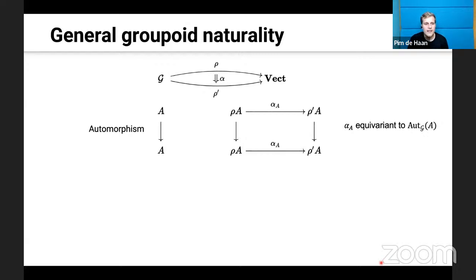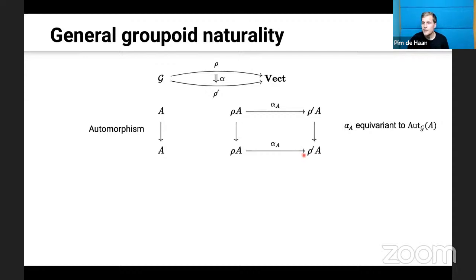So what we would see is that for all the automorphisms from A to A, which are objects in G, we get a diagram of this shape. For the component A, we map from rho of A to rho prime of A, and then we apply the automorphism, and then we apply the A component of the natural transformation.